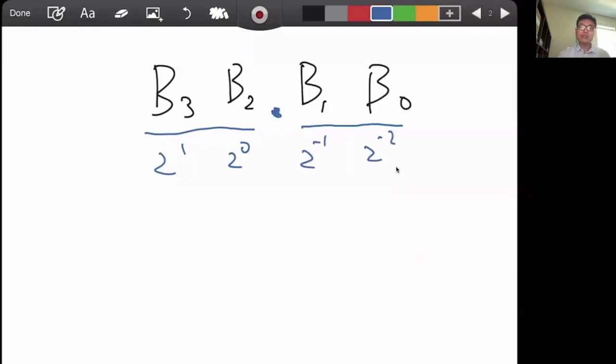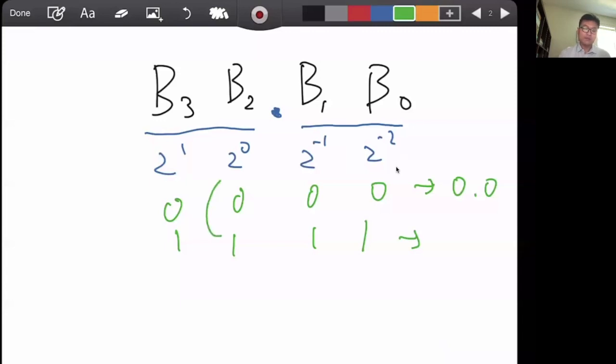So if we understand this idea, we can represent 0000, which will be 0.0, right? We can also do 1111, which will be 1 times 2^0, 1 times 2^1, so it becomes 3.